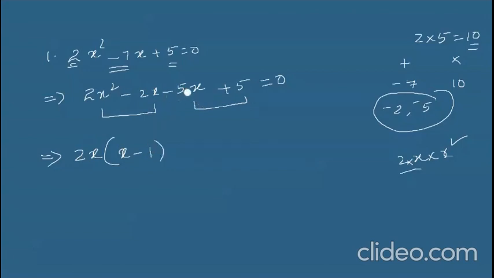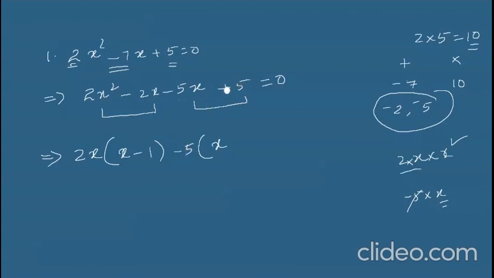Now here it is negative 5x plus 5. So let me take negative 5 outside. Negative 5 into x. So what is remaining? Here it is positive x. Now look here carefully. From positive 5, we took negative 5 outside.